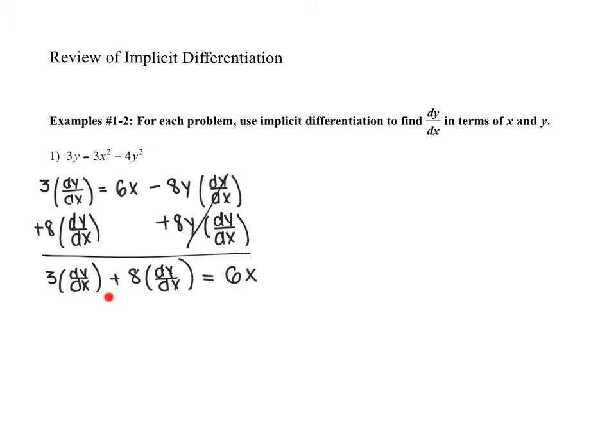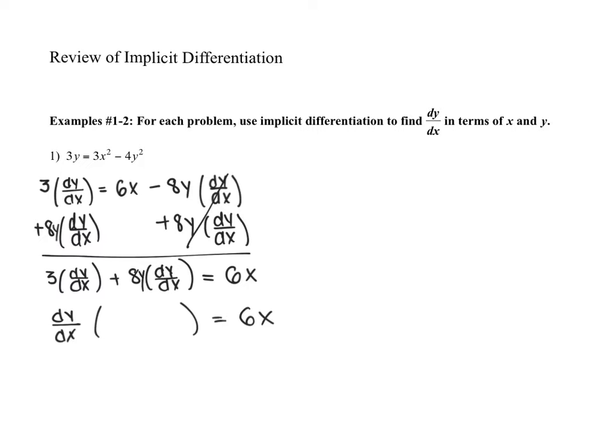And now if you look on this left side, you have a dy/dx which is in common, so we could take out a GCF of dy/dx. And after you do the division of the dy/dx, when I do this term divided by dy/dx, I just get 3. When I do this term divided by dy/dx, I just get 8y.